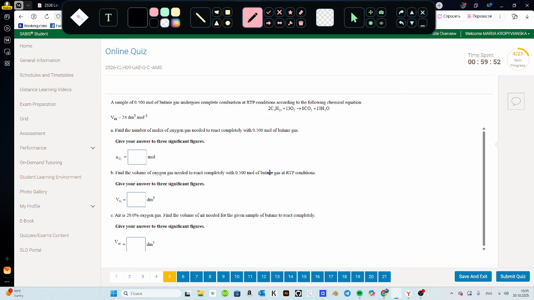Our known here is 0.5 moles of butane gas, so that's C4H10. Make sure to say that it's C4H10 or whatever other element you have, just so you know what to cancel or not. So here it's going to be our stoichiometric ratio. What we're trying to find is oxygen gas, so that's going to be 13 of O2.